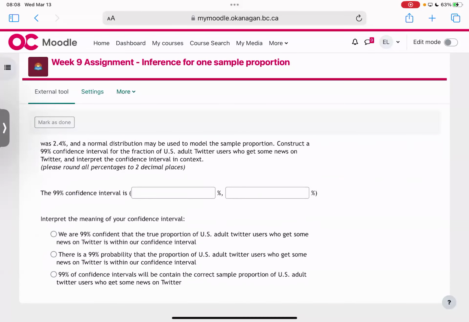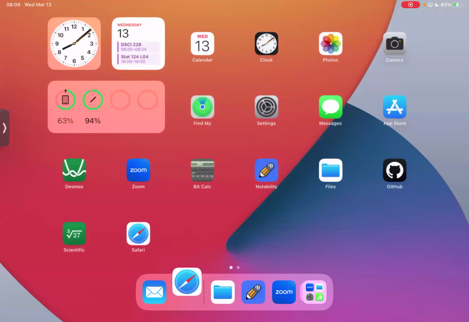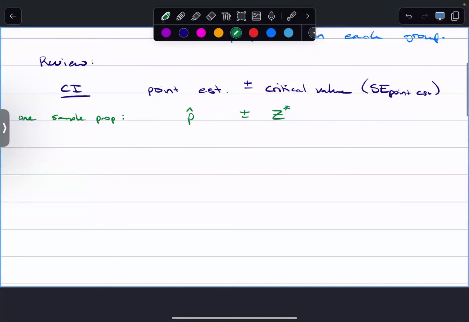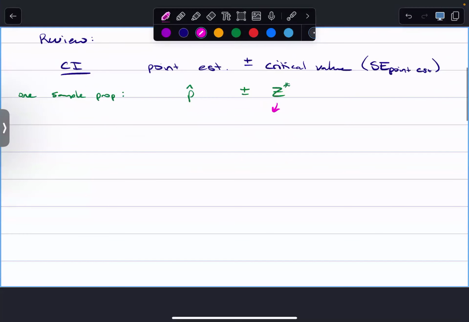I'm just realizing it's asking for a 99% confidence interval. How would I do that? You're going to use equals NORM.S.INV, and it takes the area to the left.